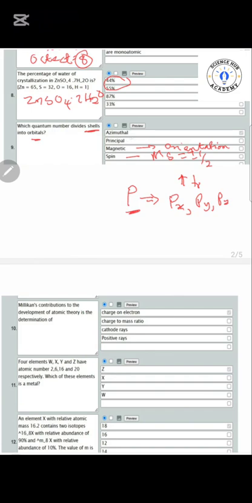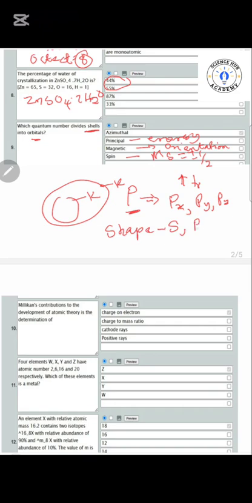Then the principal quantum number tells us about the energy level or the size of the atom. So it also informs us about possibly the K shell, the L shell, and so on and so forth. So it tells us about the size and the energy level of the atom. While the azimuthal quantum number, that actually tells us about the shape of the orbital. So telling us about the shape tells us if it's going to be s orbital, p orbital, or d orbital, or even an f orbital.